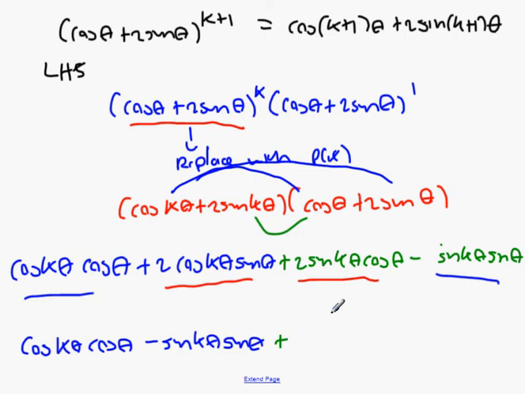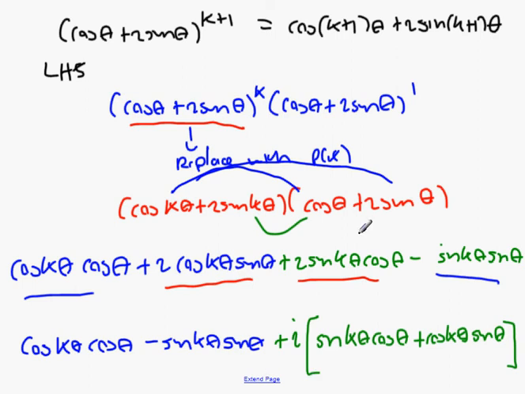Sine A cos B, cos A sine B. I'm going to do it this way, guys, if you don't mind: i times (sine k theta cos theta plus cos k theta sine theta), and it's going to become very apparent why in a second.